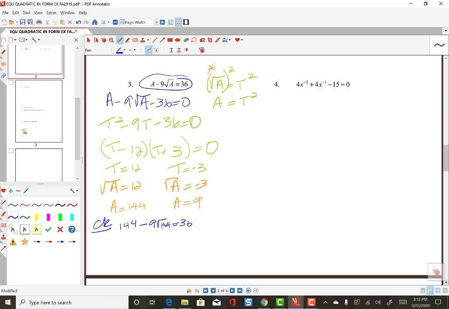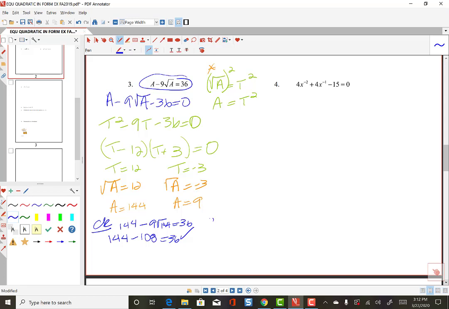All right, so I'm going to have 144 minus 108, sorry about the gap there, is equal to 36, and in fact it is. So that answer works. Now, let's try the other one.